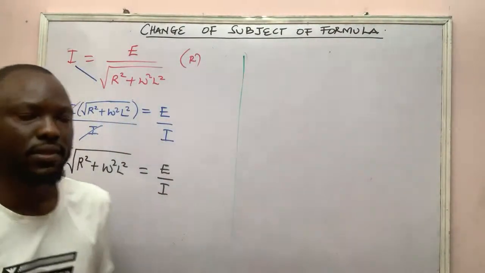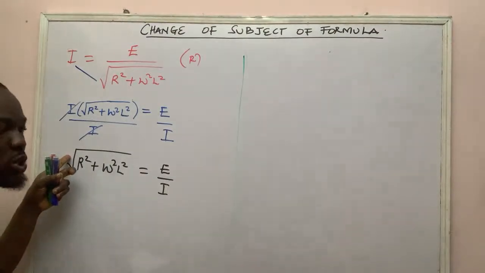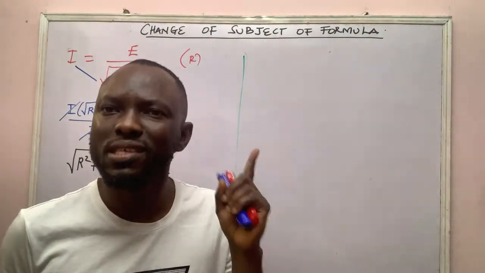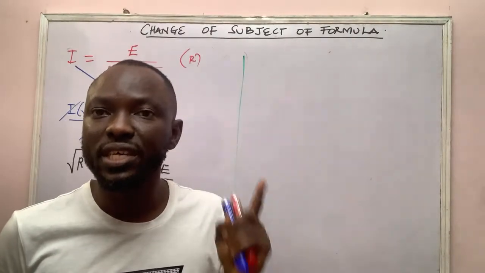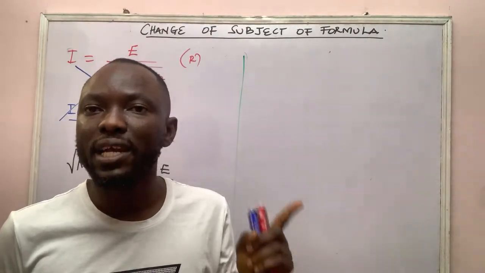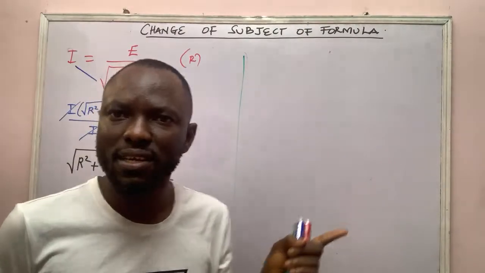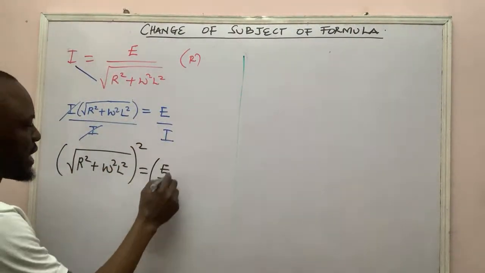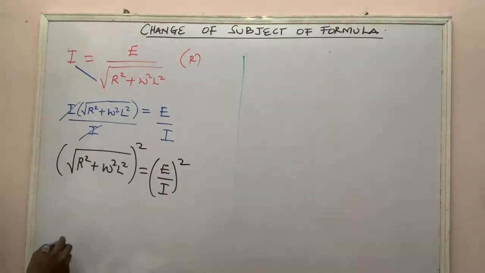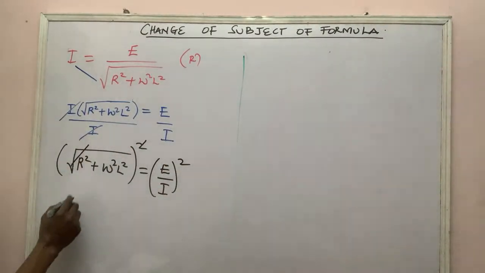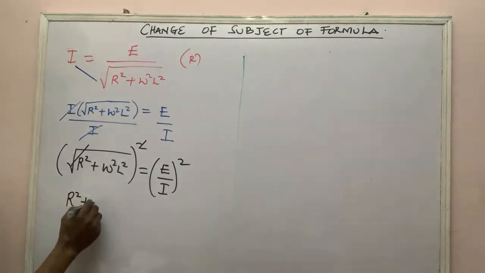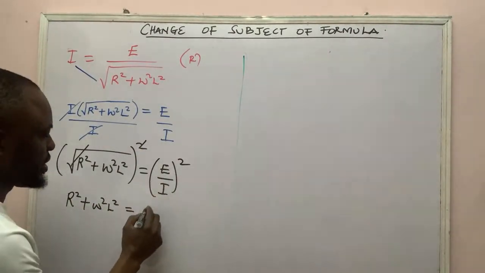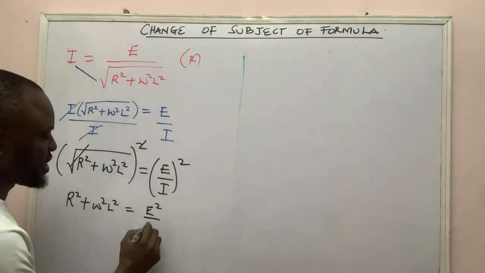So this means the square root. Square root, like I rightly said, means the two root or the second root. So in order to get rid of the square root, I need to find the square of both sides. All right? So if I find the square of both sides, this will cancel out the roots. So I have r squared plus w squared L squared equals E squared over I squared.